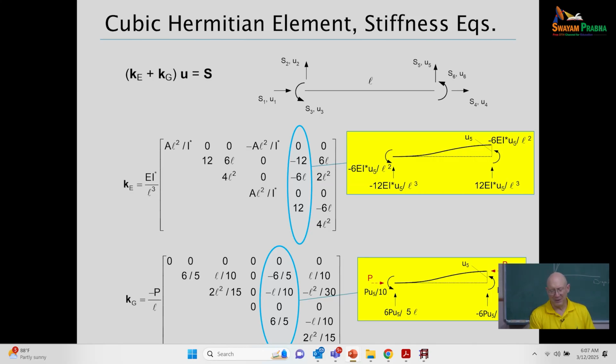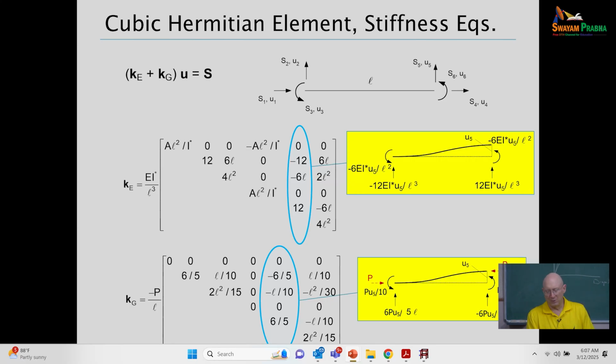And so let's look at that same column of the stiffness matrix here. When you're looking at stiffness matrices, a column of the stiffness matrix corresponds to one of the displacement degrees of freedom and the forces produced associated with displacement at that degree of freedom, right?